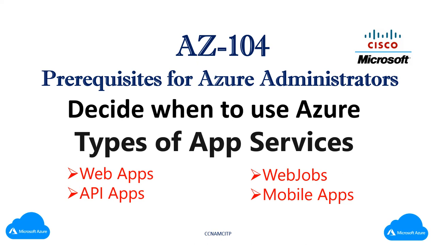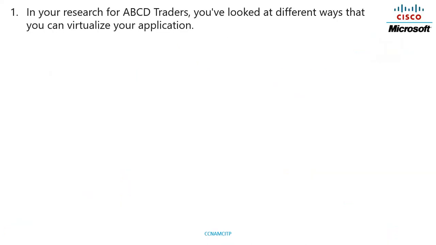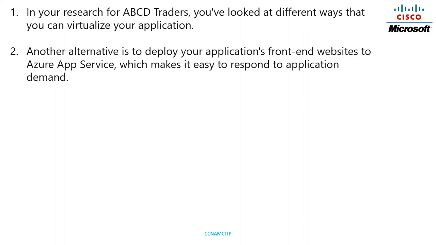So guys, first of all, this is a scenario. Once again, I will tell you. In my previous video I spoke about one scenario where you were a development lead and you had certain challenges, so you came to finalize how you can fix your problem for your application virtualization. Another alternative is to deploy your application's front end website to Azure App Service.